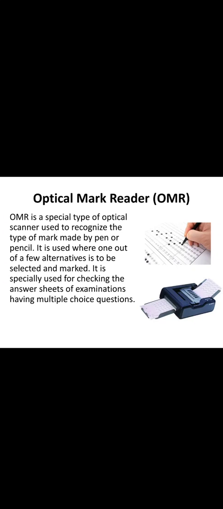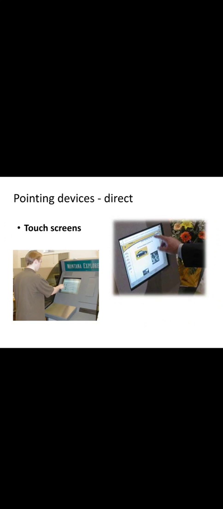When there are hundreds of multiple choice questions, it is the faster, quicker and the best method of correcting OMR sheets. So OMR is a special type of optical scanner that is used to recognize the type of mark made by pen or pencil. So it is used where one or few alternatives are to be selected and marked. So it is specially used for checking the answer sheets of examinations having multiple choice questions.